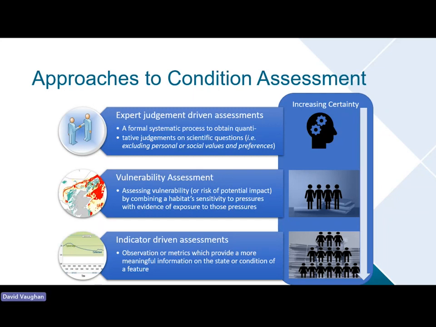But the ultimate goal really is to look at indicator-driven assessments, and Laura will be talking about these next week. These are the ones where there is a clear relationship between what is happening with the habitat and pressures.